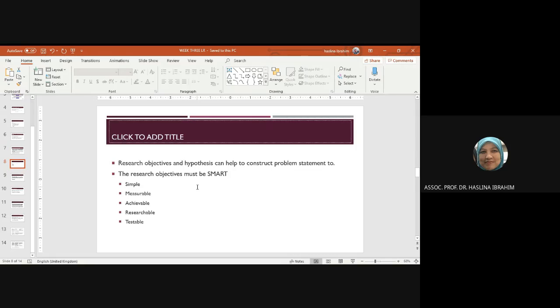And bear in mind that when you design the questions, as I said just now, it is reflected in the research objective. Make sure that your research objectives and research questions have these components. Simple. When the person who reads your question or your objective reads it, they will be able to understand your objective.